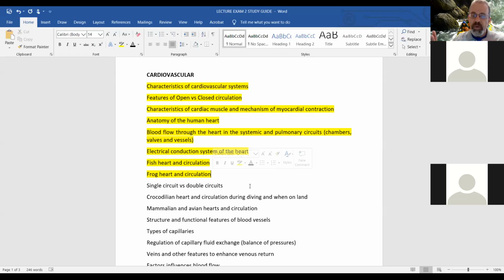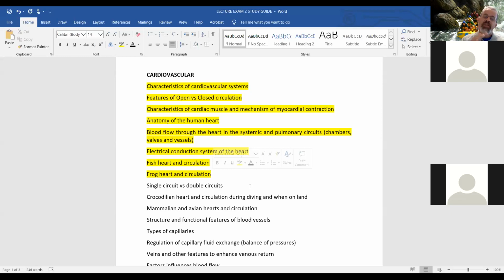For example, what's important about the heart is now we're starting to see the evolution of a dual circuit. Remember, it's a three-chambered heart. We have the systemic circuit, and we have the pulmocutaneous circuit. You should know where the oxygen-rich blood is going, where the oxygen-poor blood is going, and how it returns.